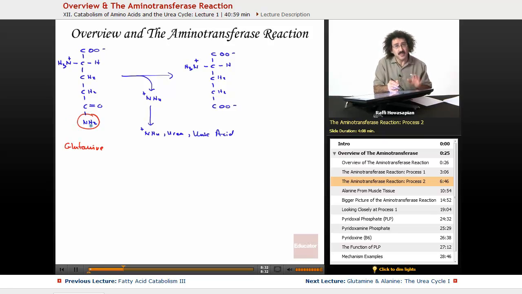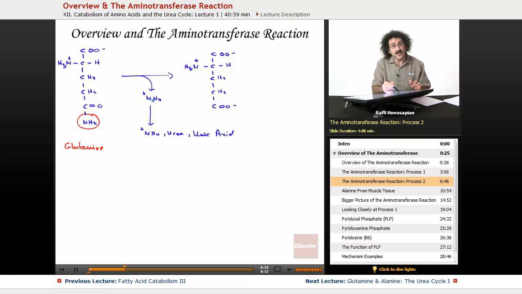So this NH2 group on the glutamine is the ammonia produced by the metabolism of other proteins that are not in the liver cells. And they are transported to the liver cells, at which they give up this particular ammonia group, this NH2.